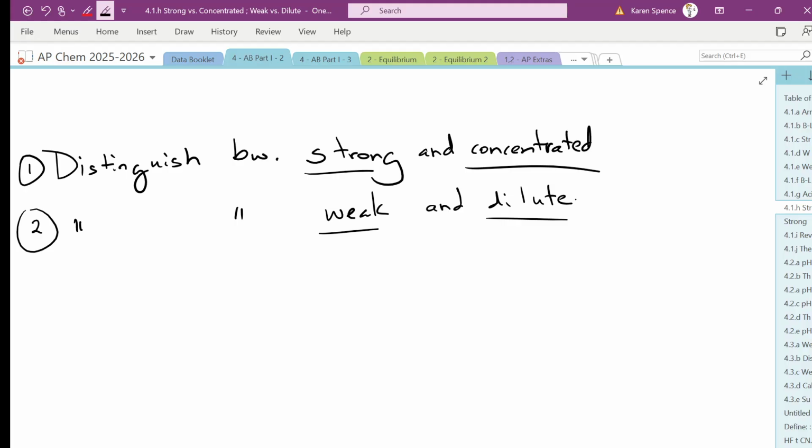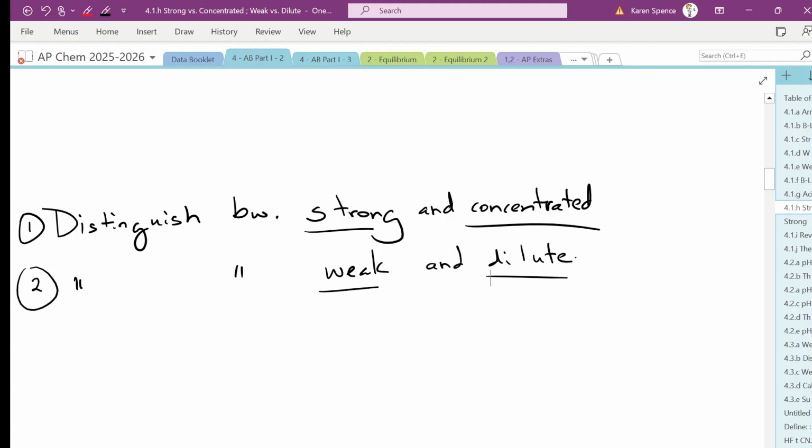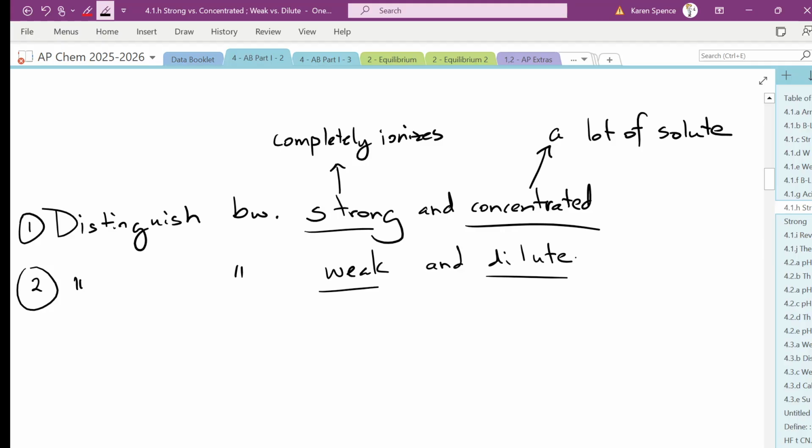Okay, so the difference between strong and concentrated is that when it says something is strong, it usually automatically dissociates, and when something is concentrated, it just has a lot of water. Okay, so strong completely ionizes. Concentration has a lot of solute.